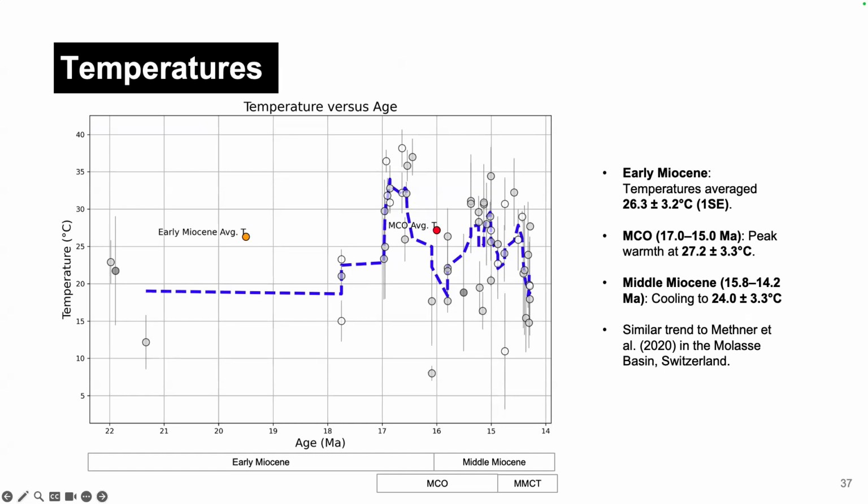This trajectory suggests initial warming during the MCO, followed by long-term cooling and drier conditions consistent with broader climate shifts during the Miocene. Our temperature trend agrees with global trends and other continental temperature changes within the same time frame, derived from clumped isotopes in paleosols at other latitudes.